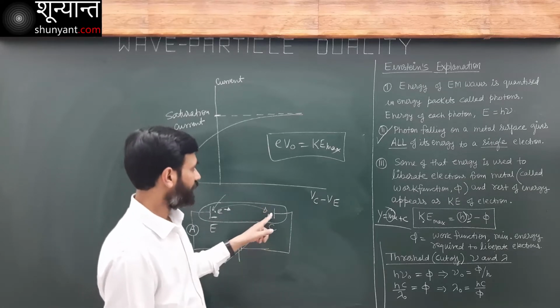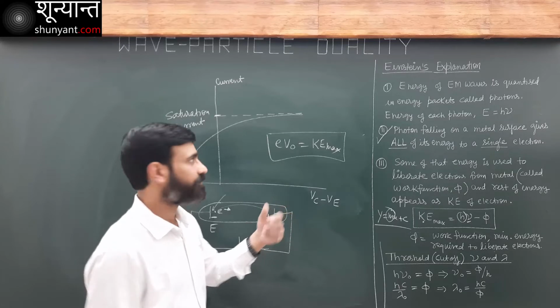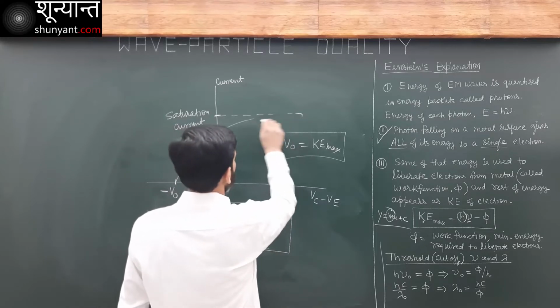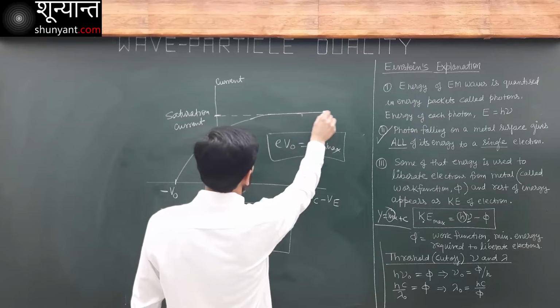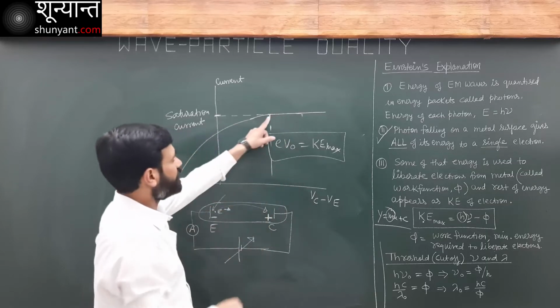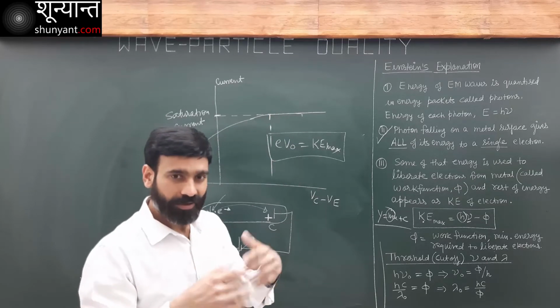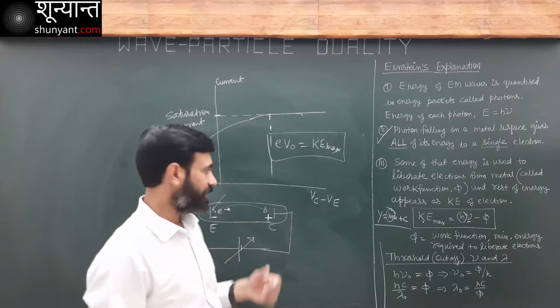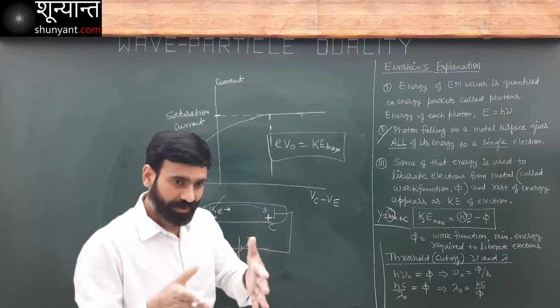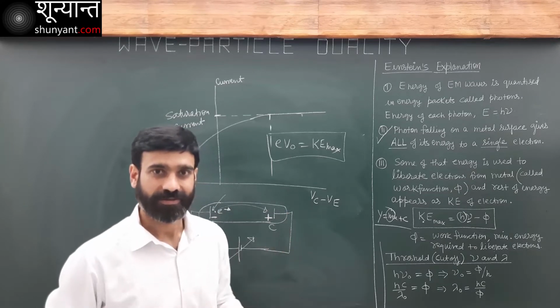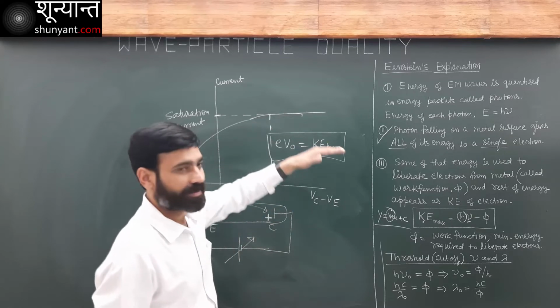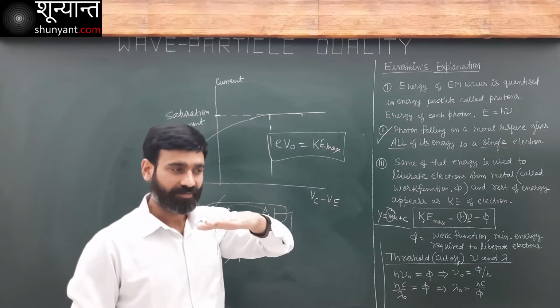After this, even if I increase it further, there are no electrons left. Electrons will be attracted, but the number of electrons will not change. That's why the current becomes maximum, it becomes constant.